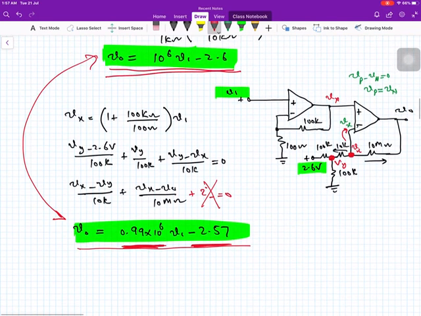But what is the advantage with this circuit? So we will see the advantage. If we see the advantage of this circuit, the voltage source, or the signal input, is connected to the non-inverting input, and as you know, the current over here is approximately equal to 0. So it will not load this voltage source.